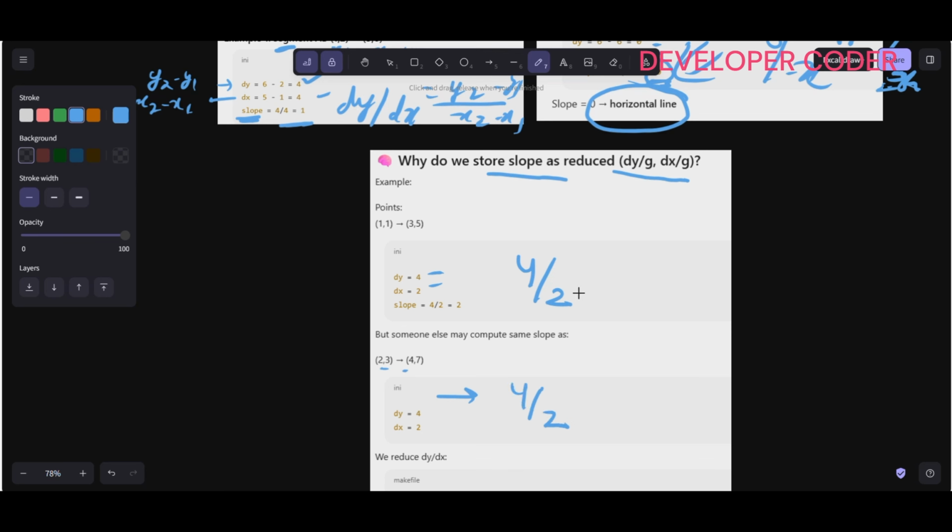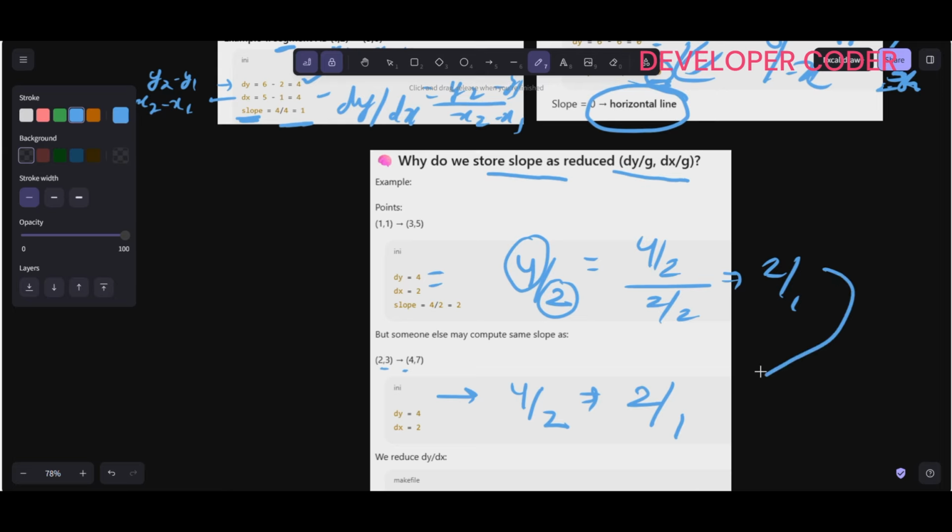For this one, what is the gcd, the greatest common divisor? So 2, so I can write it like this, 2 by 1. Same way here also I can write 2 by 1. Now both are matching.